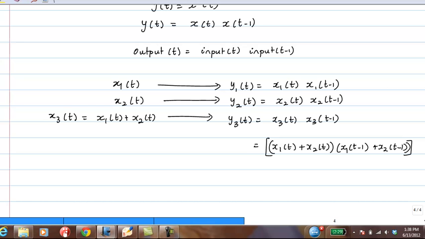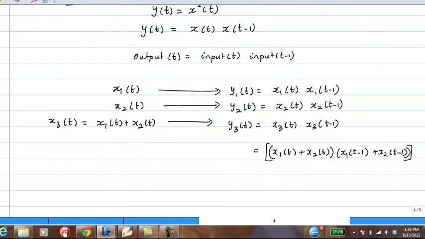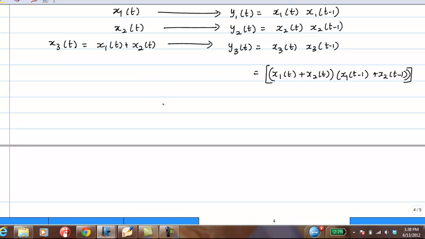Now you can see here that when I multiply these out, I will get x1 of t times x1 of t minus 1 plus x2 of t times x2 of t minus 1.